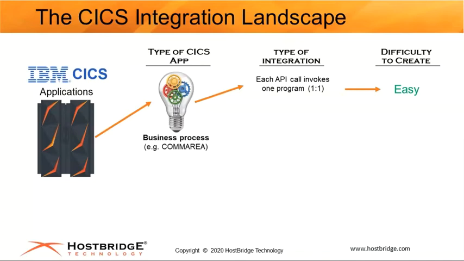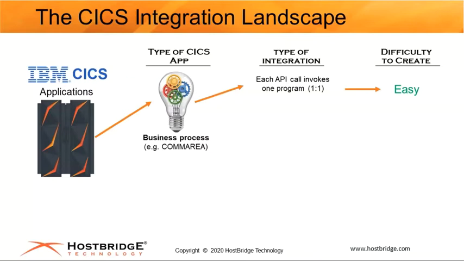One that's very common, of course, are those applications that have been written as standalone business processes. You invoke them, you give them a set of inputs, they do something, they then return a set of outputs. The classic example would be a CICS business logic program styled to use a COMMAREA, a communications area, that simply organizes a set of variables as input and then as output.